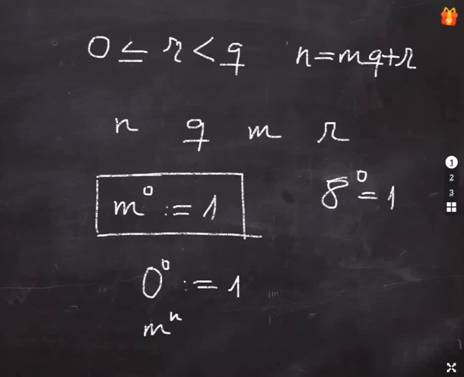Then we define m to the power of n++ to be m to the power of n times m. Do you remember that thing about if you have the same base, you can add up the powers? Well, this is the reason for it.